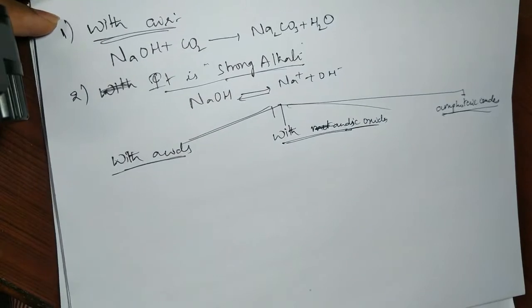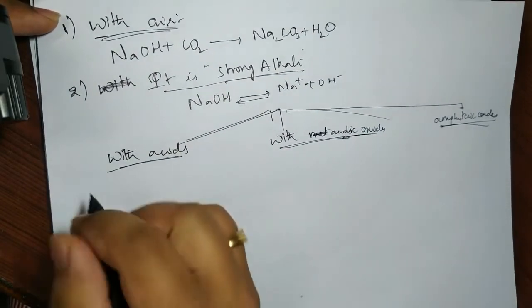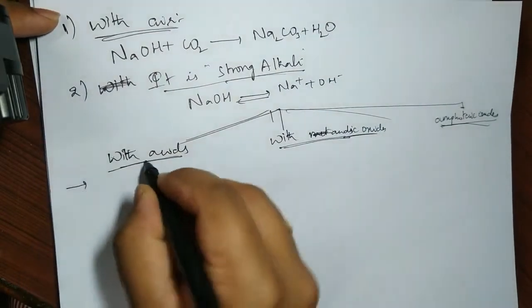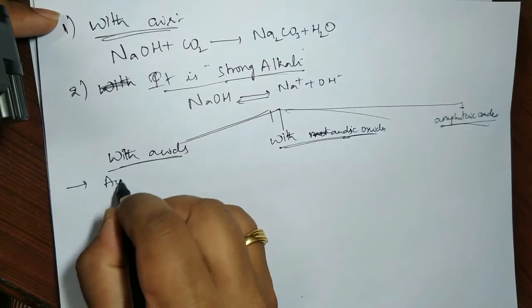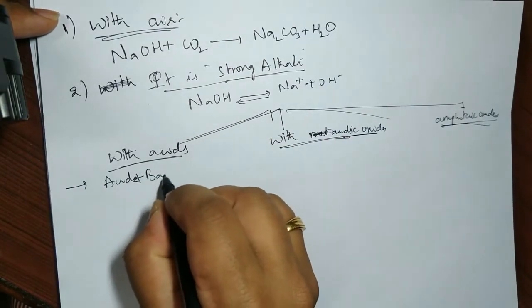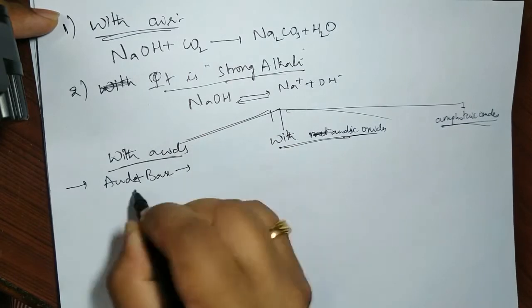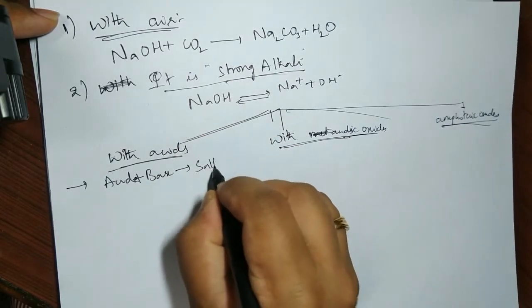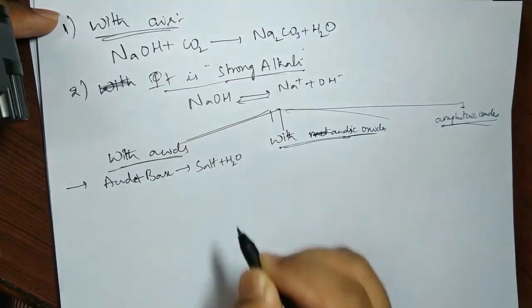Okay, in fact you must be helping me out right before I write. With acids, for example, acid plus base, what will this base give? In 7th standard you should have studied, acid plus base gives salt plus water.